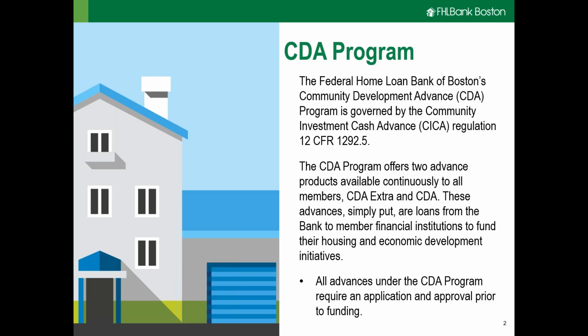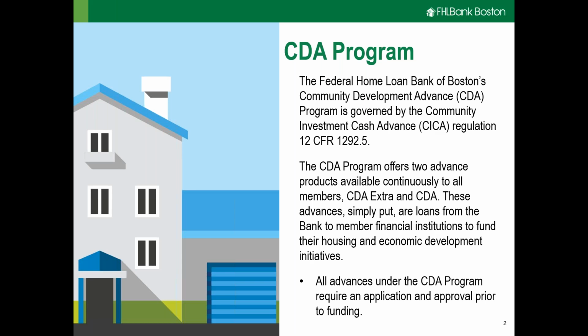I noticed that there are quite a few of you that either have not participated in the program or it's been some time since your organization has engaged with the CDA program. So I just want to give you some background on its origin. The CDA program is administered by the Federal Home Loan Bank under the Federal Housing Finance Agency's CICA regulation, which stands for Community Investment Cash Advance.